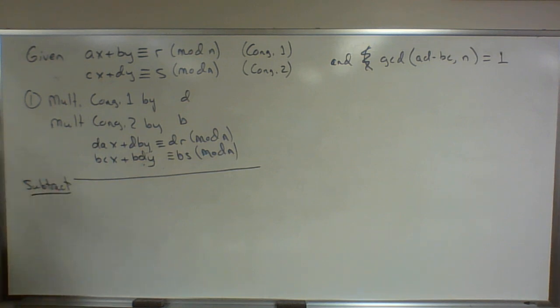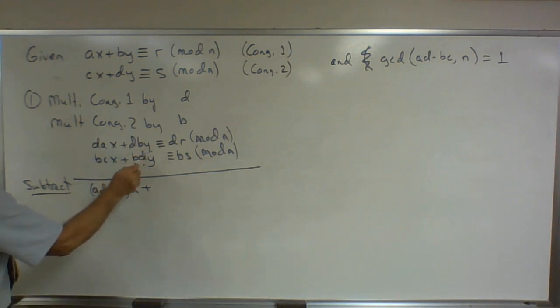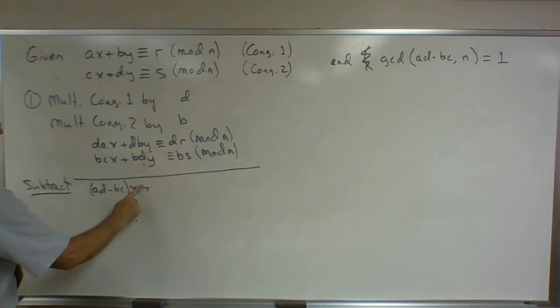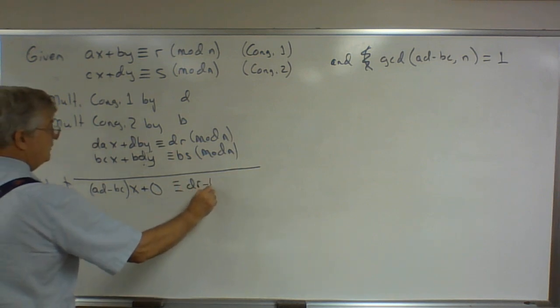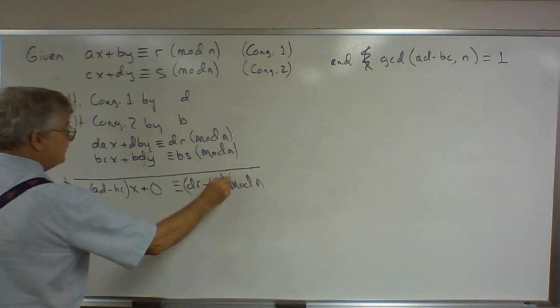And we subtract. So this is DA, I'll write it as AD minus BC, times x. And what do we have here? DBy, or this is DB, but I could write it as BD. BDy minus BDy is 0. And then we have Dr minus Bs mod n.